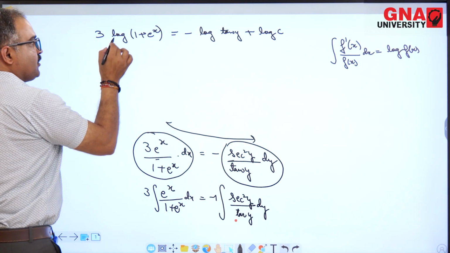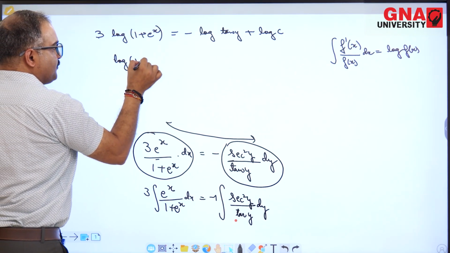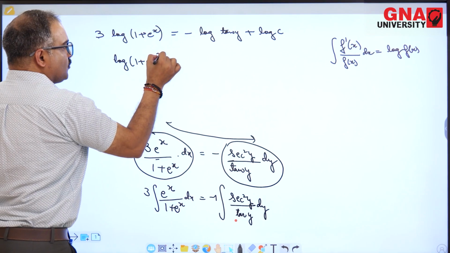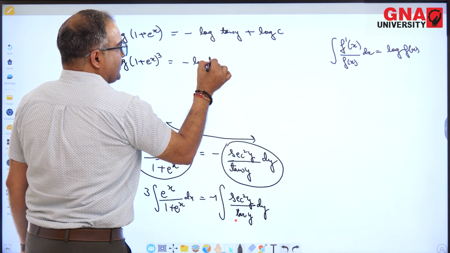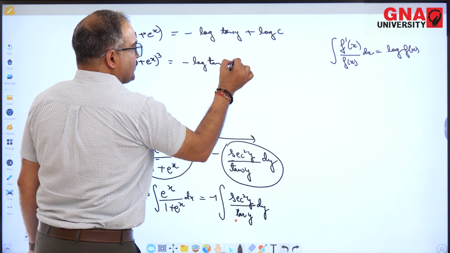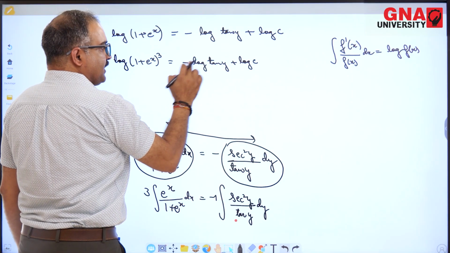Now using the property of log, 3 comes to the power, log of 1 plus e raised to power x whole cube is equal to minus log of tan y plus log of c. Here I will use the formula of log m minus log n.